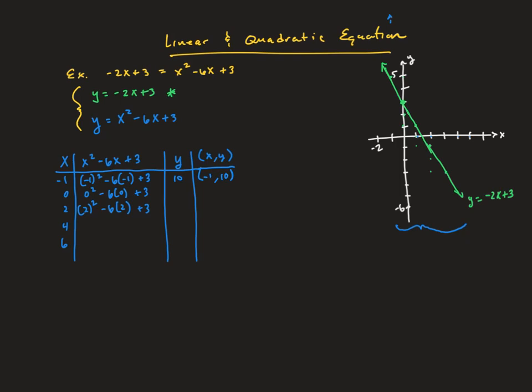Now when I go to this next one, I input 0, I'm going to have x is 0 and y is going to be 3, right? Because 0 minus 0 plus 3 is going to be 3. So when I graph that, 0, 3, and let's see if next one is going to be 4 minus 12 plus 3 is going to be negative 5.